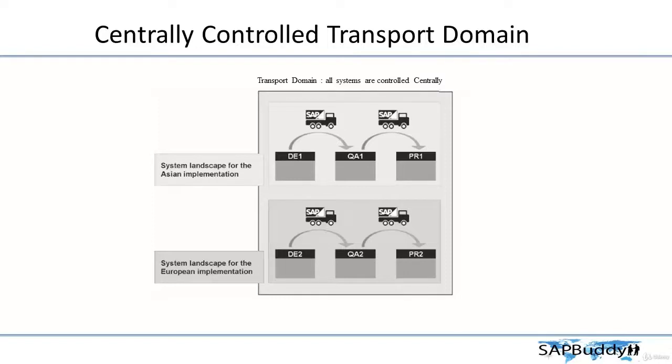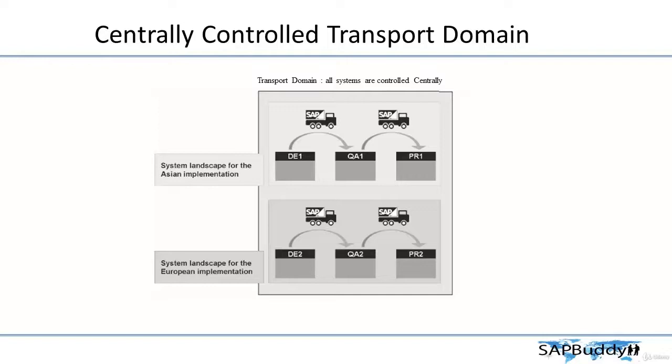And moreover, we can also transport the changes which are not part of this directory, meaning to say which are not part of this domain. Meaning to say you have a different system, you have a TR coming from a different system, but that different system is somewhere else.